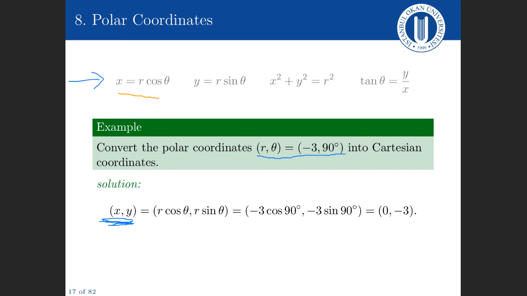We know that x is r cos theta, and we know that y is r sine theta. All we need to do is put the numbers into the equations. We get -3 cos 90 degrees, and then -3 sine 90 degrees. When we calculate this, we get the solution 0, -3.